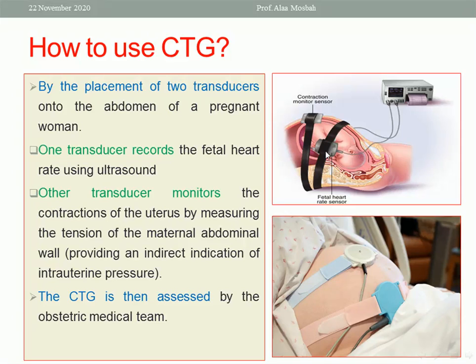The other electrode is applied on the abdomen of the mother, directed toward the fetal chest to detect the fetal heart, which also will be written as a signal on the strip of paper here. This is for uterine contraction, and this is for fetal heart rate pattern. Then the result will be assessed by the obstetric medical team.